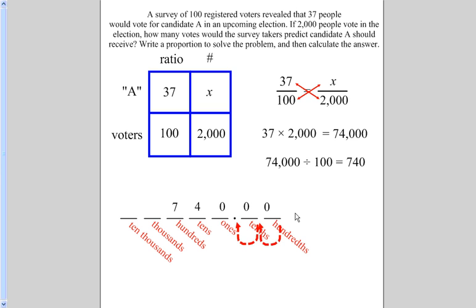And that is the answer to X. X equals 740. That's the number of people who, if you have 2,000 voters, are likely going to vote for candidate A, given the ratio of 37 out of 100 in the survey that was taken.